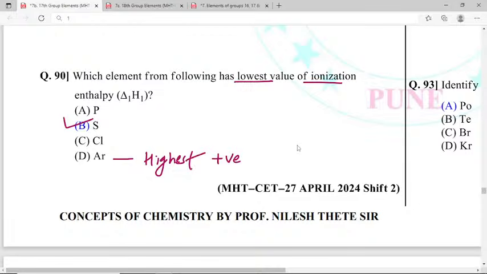Chlorine's value is highest, but it is a negative value, the highest negative value. Chlorine highest negative value, argon highest positive value. If the question asks for the highest positive value, then argon is the answer. If the question asks for the highest negative value, then chlorine is the answer. And since lowest value was asked, sulfur is your answer.